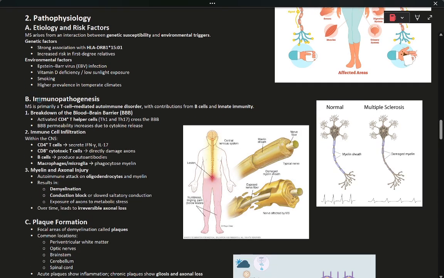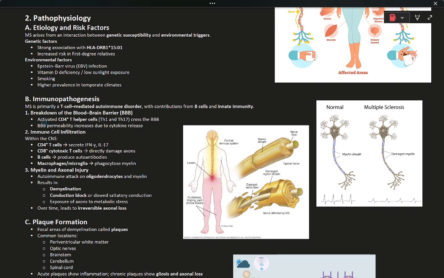Anyways, let's talk about the immunopathogenesis. So for immunopathogenesis, multiple sclerosis is primarily a T-cell mediated autoimmune disorder with some contributions from B cells and innate immunity. So what happens is that first there's a breakdown of the blood-brain barrier.